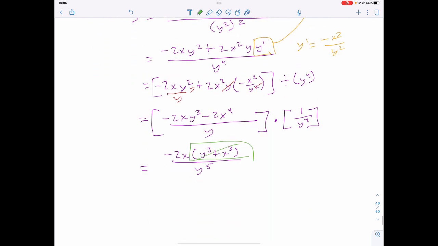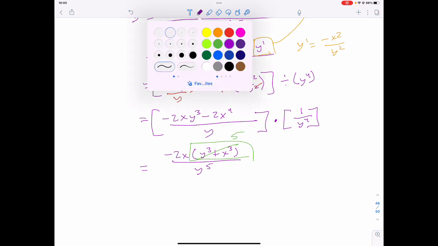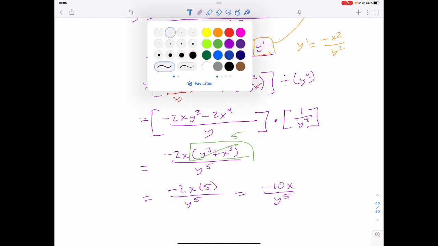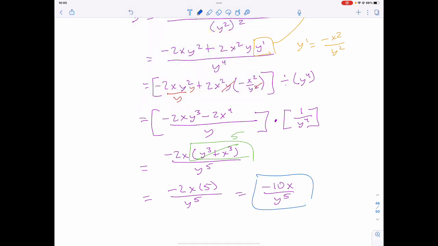Well, then let's just call that 5. Which means that this entire thing just becomes negative 2x times 5 over y to the 5, which is going to give me negative 10x over y to the 5. And there's the final answer.